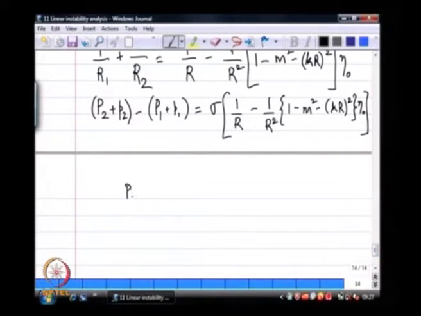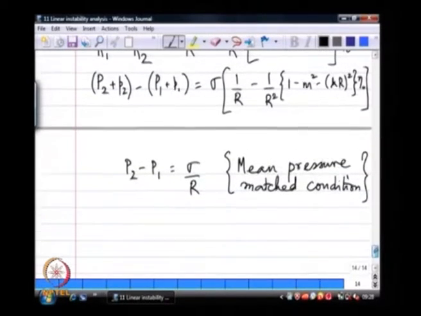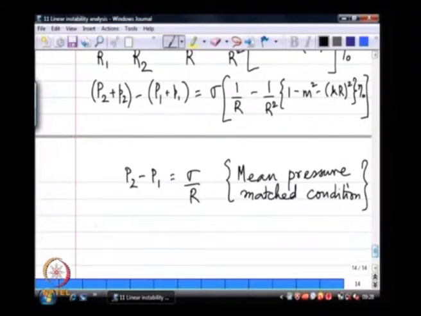But we also know from matching the mean pressures, the unperturbed pressures, this is coming from the mean pressures being matched. So, if I use that, what I end up getting is this.